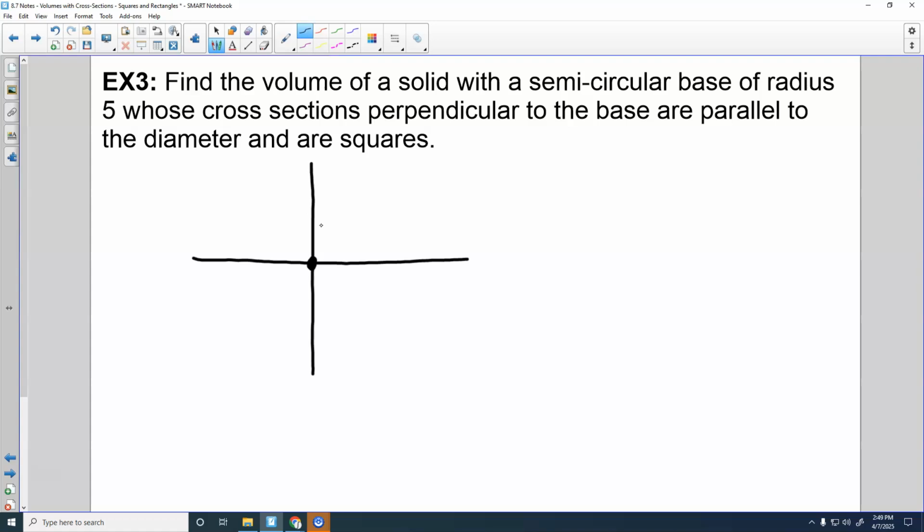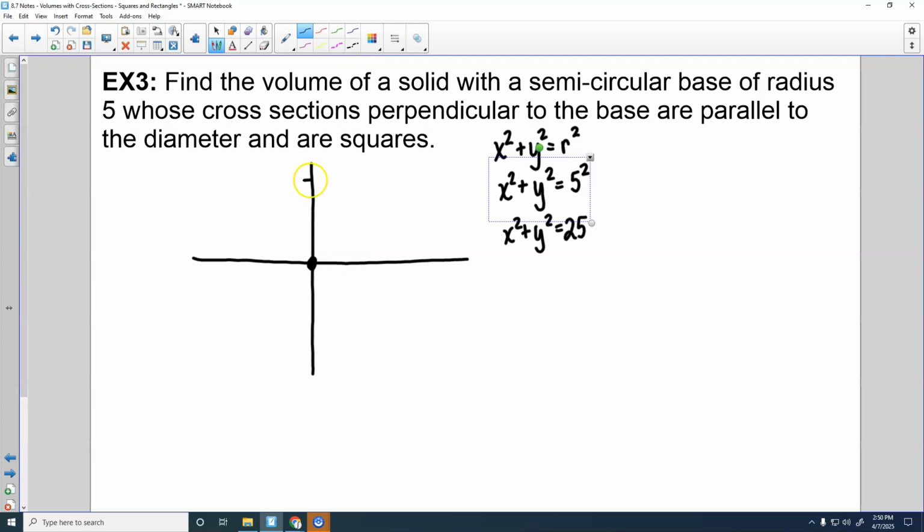If I have a circle with a center at 0, 0, its formula is x squared plus y squared equals the radius squared. And in this particular case, what's the radius? 5, right? It tells us the base has radius 5. So x squared plus y squared equals 5 squared, so x squared plus y squared equals 25.